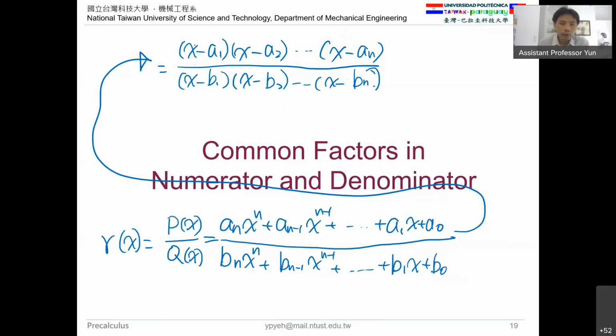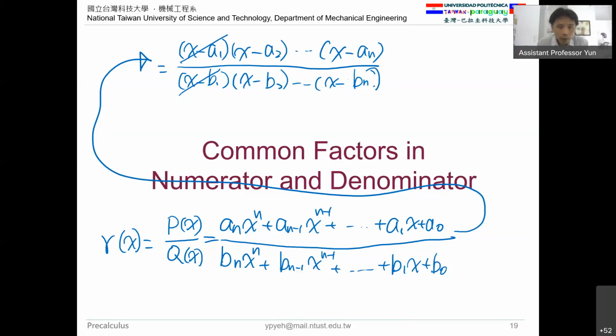Since we can factor the polynomial functions in both the numerator and the denominator, in some cases we will find common factors, and then we usually cancel them. But from the original function, this is a factor of the original polynomial in the numerator and also in the denominator.